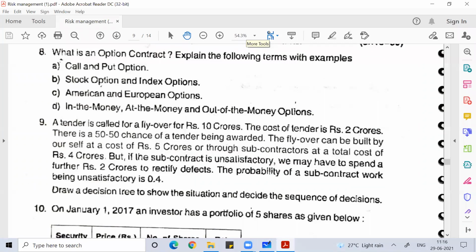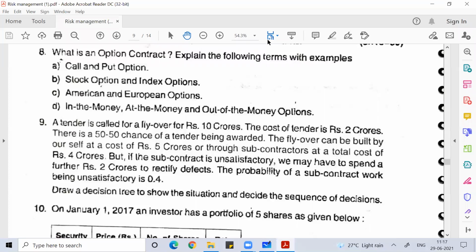So after I deduct my cost, I'll get a profit of 8 crore rupees. There's a 50-50% chance that the tender is awarded. So if I compute the probability into that, my value will be around 4 crore rupees. You can understand this, right?